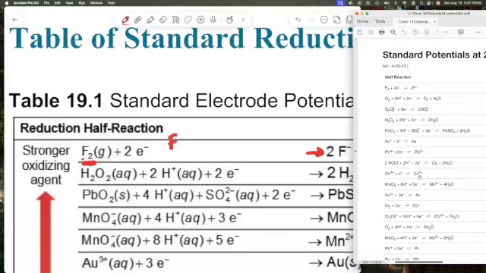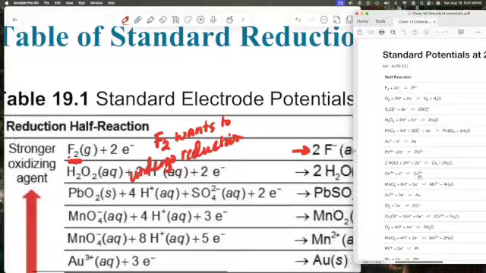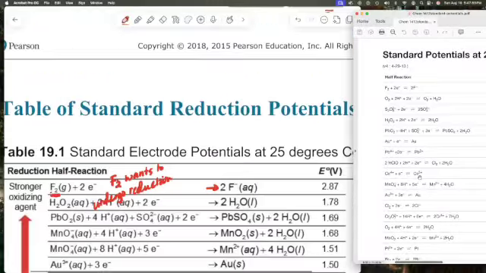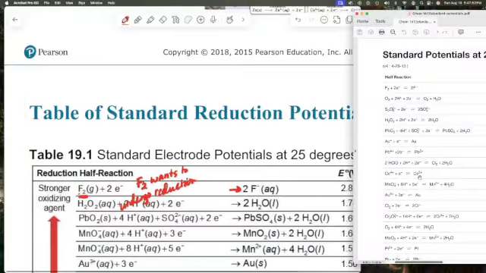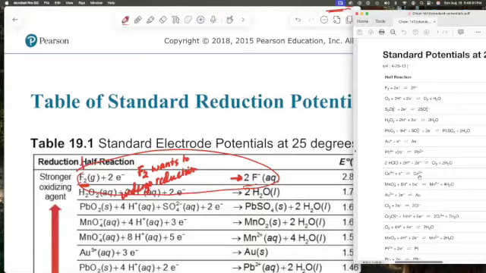So F2 wants to undergo reduction. You would say it that way versus describing it from the point of view of F minus, because this reaction is the one that is positive, right? The forward reaction, with this being the reactant here, is the one that's positive.